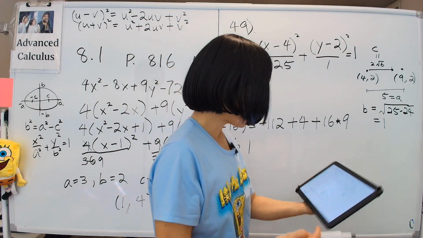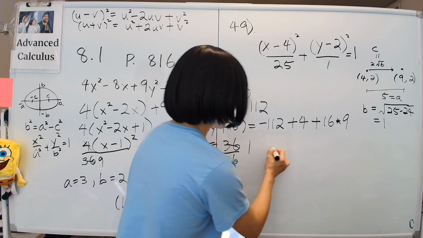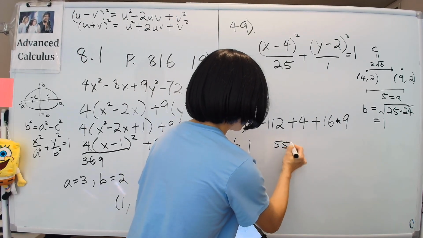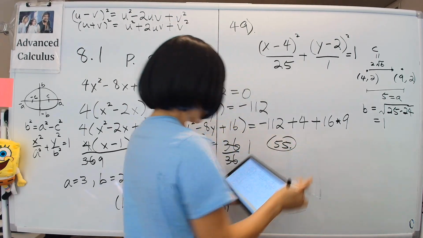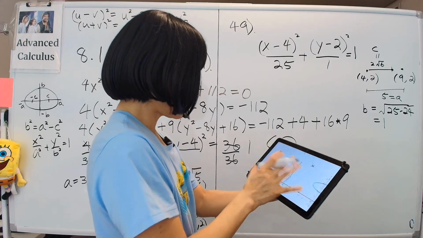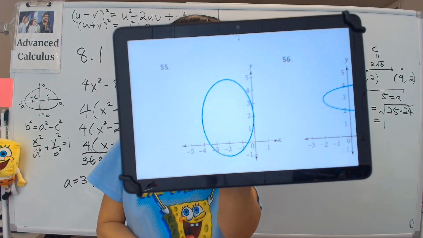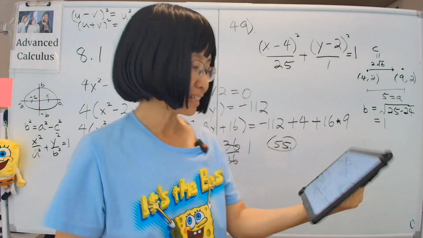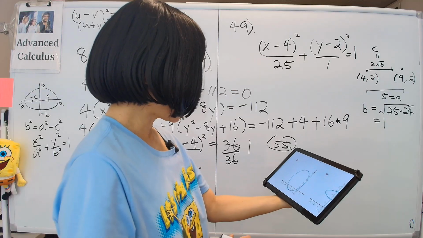Next, let's do problem 55. I'll write it down here, 55. In this problem, just by looking at the graph, we are supposed to figure out its equation. Let's first figure out where the center is.